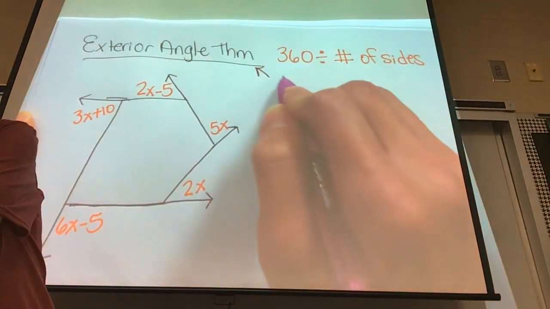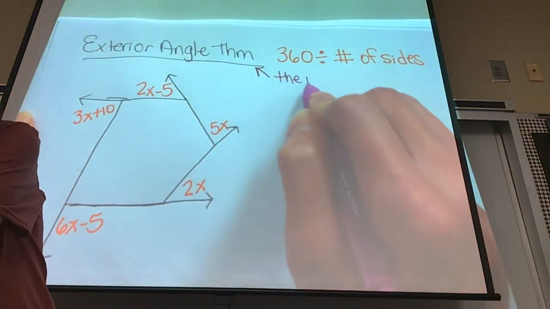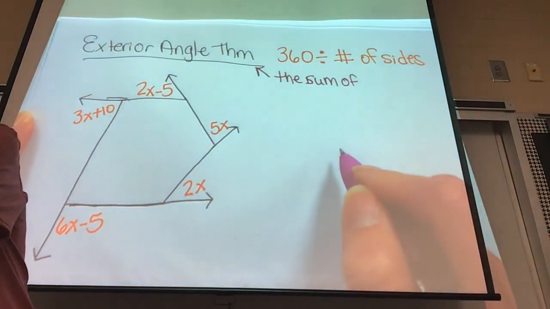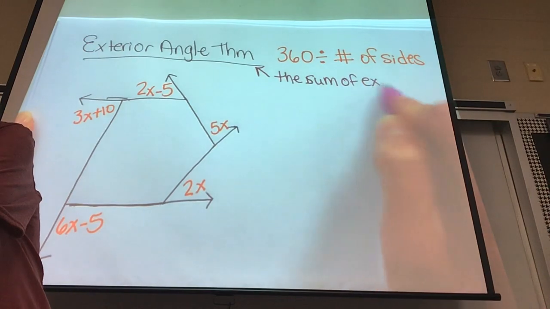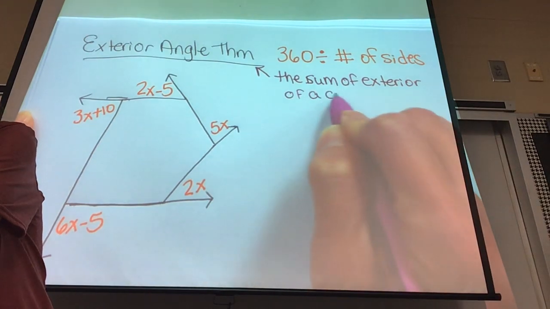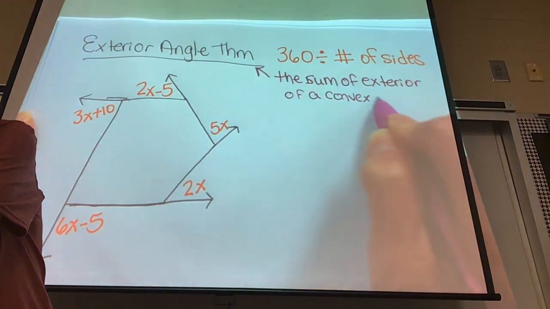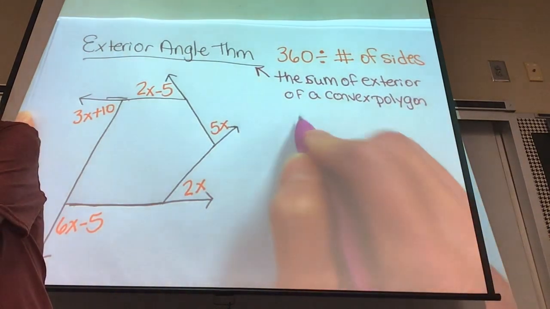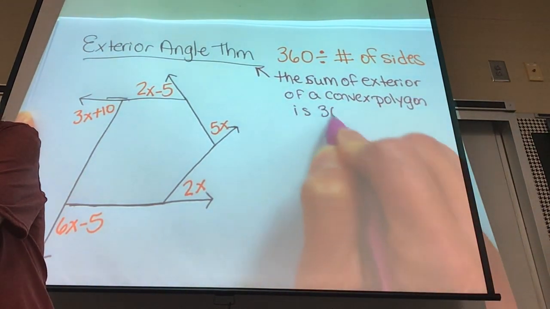The sum of the exterior of a convex polygon is 360 degrees.